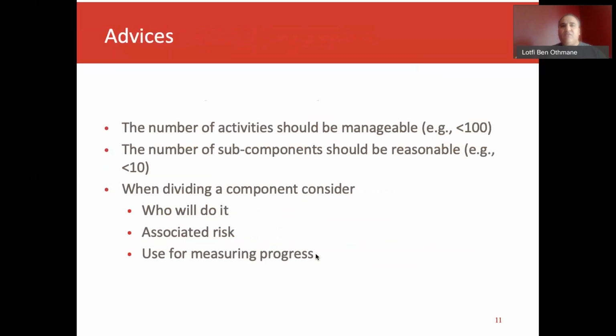So some advice when you develop a work breakdown structure: the number of activities needs to be manageable. We should not exceed 100 activities in a project. If it does, then you have to split the project into subsystems, and then you could have something that is manageable.